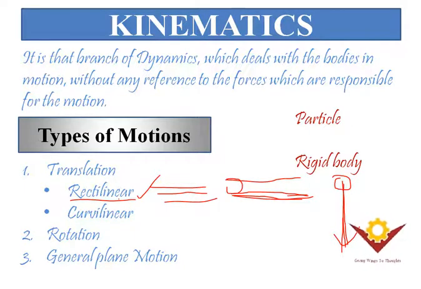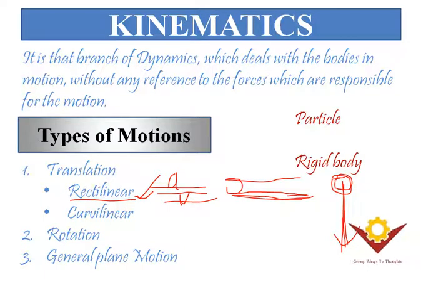In the previous session we've seen rectilinear motion for uniform acceleration and variable acceleration for a few cases, and we've seen small problems. Today in this session we'll see rectilinear motion for a body under gravity.